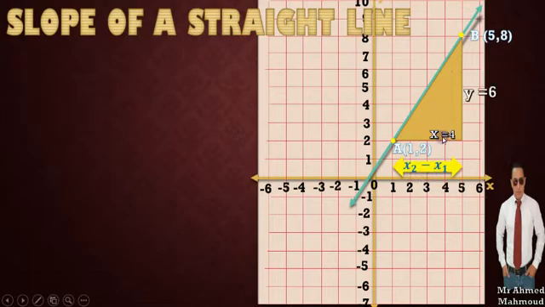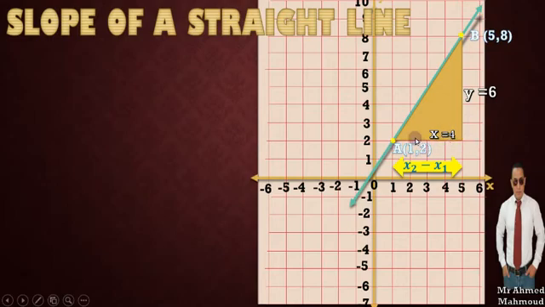I can count x, or I can evaluate x another way. x equals 4, and here 1 is called x1, and here 5 is called x2. By subtracting 5 minus 1, it equals 4. So the change of x equals x2 minus x1, 5 minus 1 equals 4.